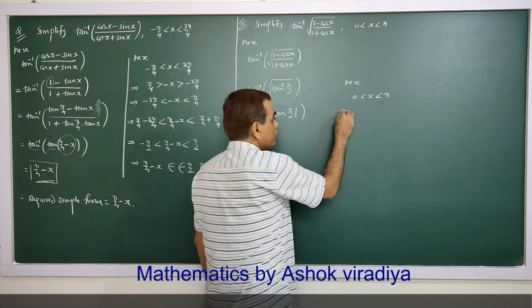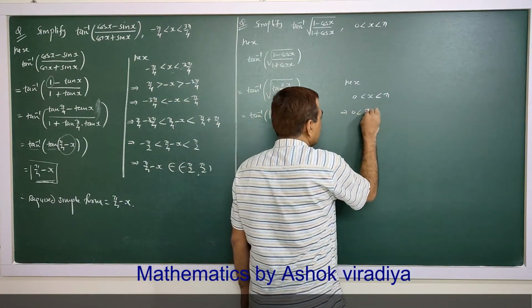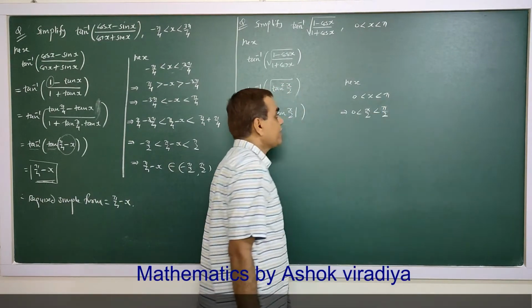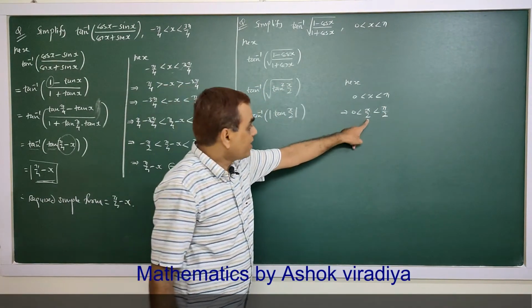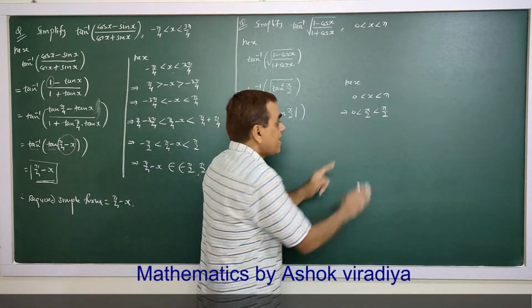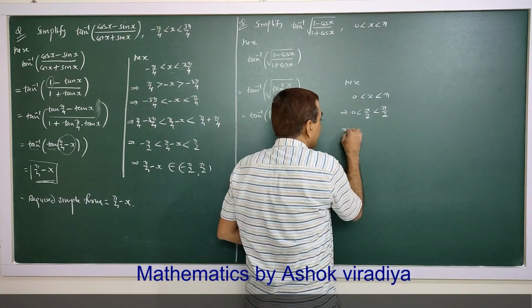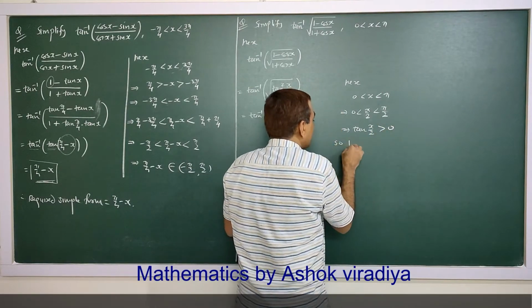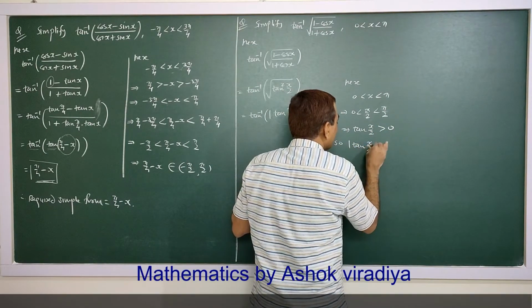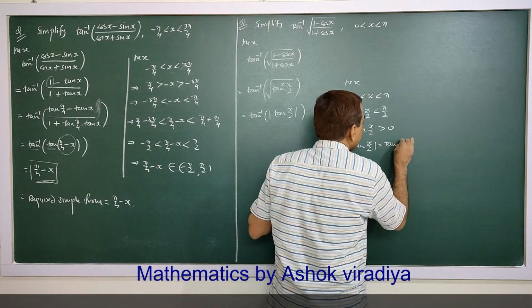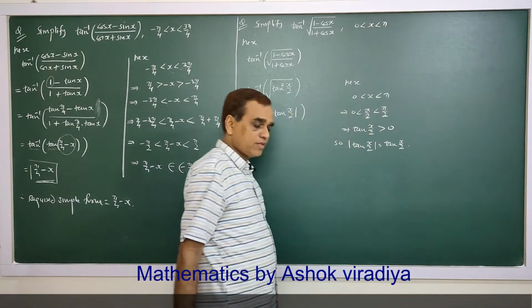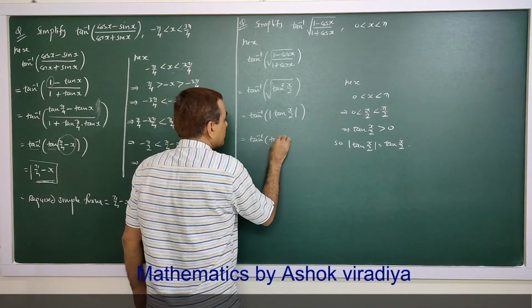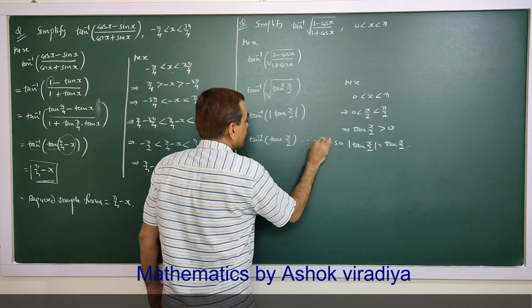Dividing this by 2, x by 2 is between 0 and pi by 2. So x by 2 is in the first quadrant, therefore tan x by 2 is positive. So modulus tan x by 2 is equal to tan x by 2. So this is equal to tan x by 2. The reason for this step is here.